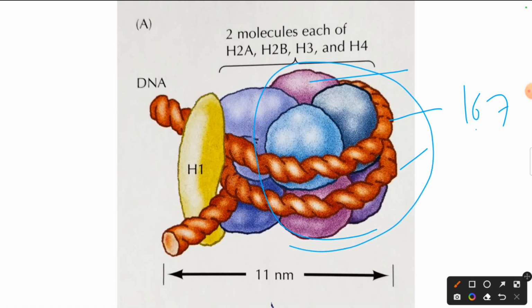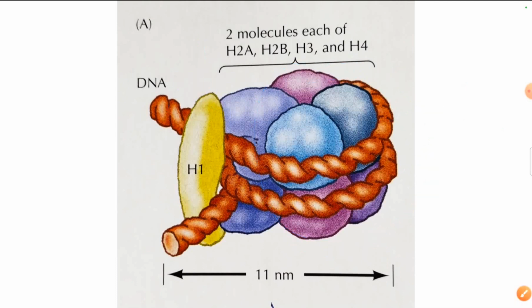Now this nucleosome core particle is also attached with H1. How? The H1 gets bound to the DNA as it enters the nucleosome core particle. As it wraps around the nucleosome core particle, at the beginning the H1 is bound to this DNA.